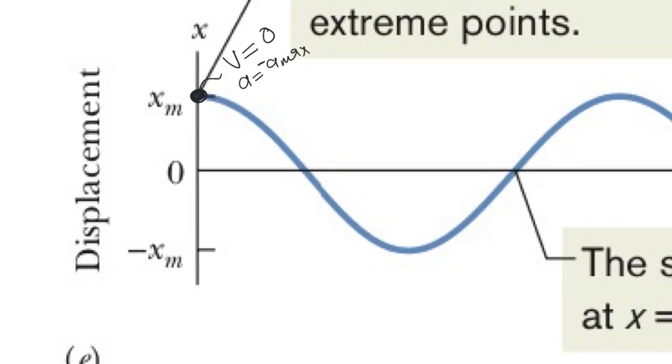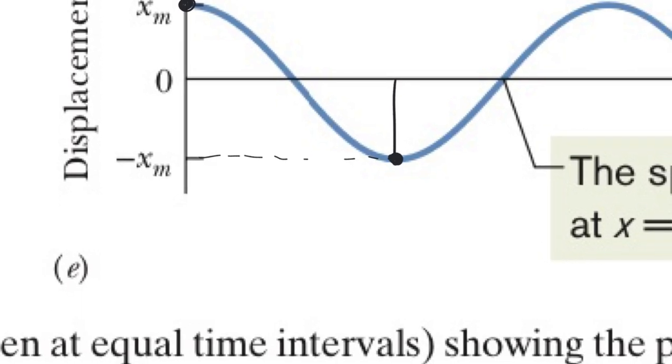Here, for example, at this point you can see that the position of the particle from 0 is minus xm. So the particle is here in the highest position but in the negative x, so the velocity will be 0 and the acceleration will be a max but positive.